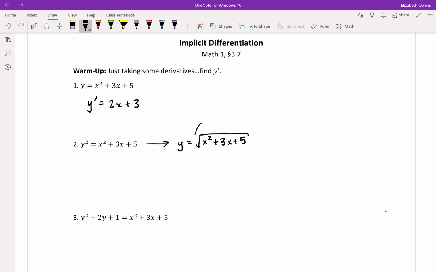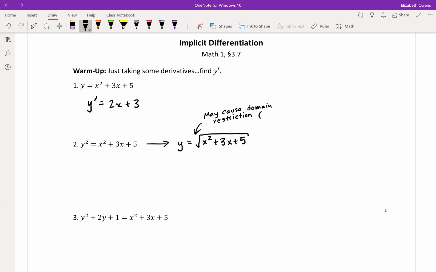But notice how doing that square root there, technically it should be plus or minus, and so you end up with two different functions that you would have to take the derivative of. It can get complicated. Even if we just assume like, okay, we're just going to work with the positive part here, this might cause a domain restriction because we're working now with a radical, whereas we weren't before.